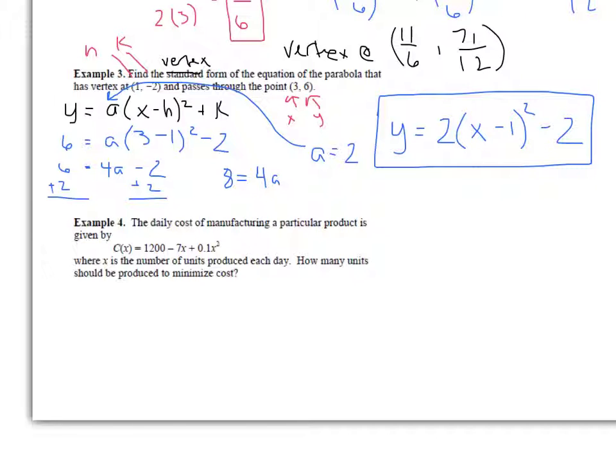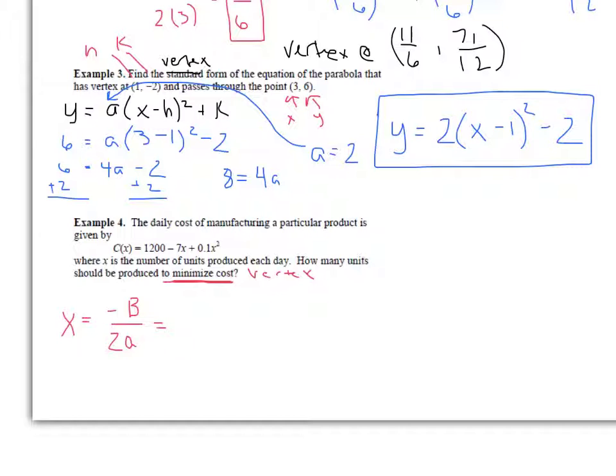Notice on this next part we're looking to see how many units produced will minimize cost, which means we're really looking for the vertex. So easiest way to find the vertex is we have x equals negative b over 2a.